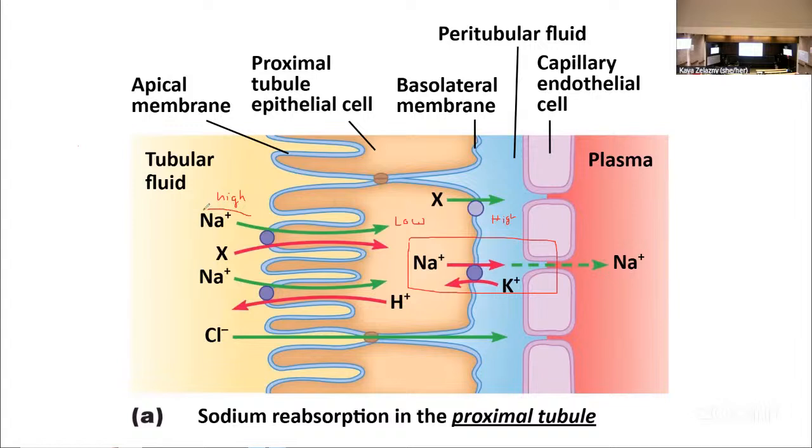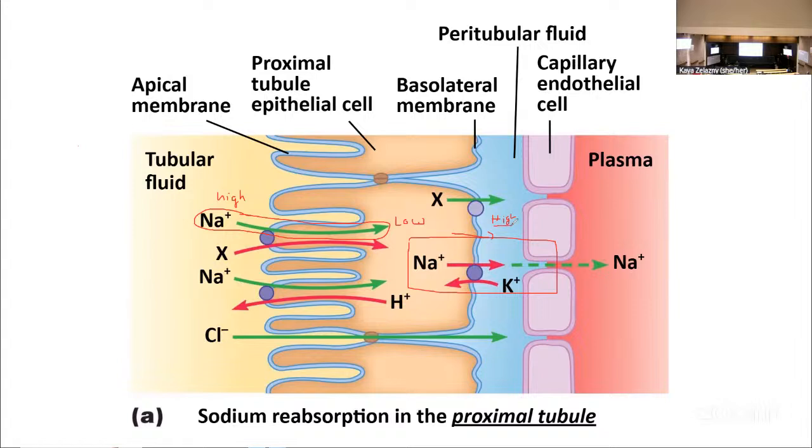And we know that sodium and its movement is often paired to other things. It's often dragging stuff with it, like glucose, or potentially, by the time it gets here, attracting some water, attracting some chloride ions, right? But it moves passively down its gradient into the cell, and then we pump it into the peritubular fluid.